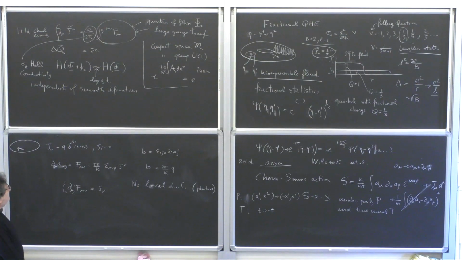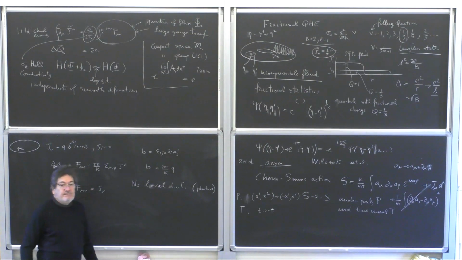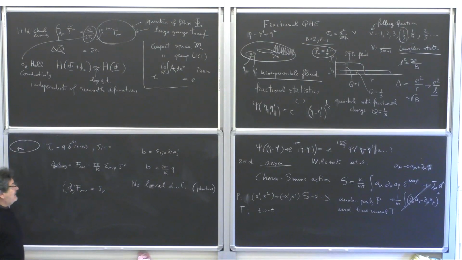So what is the effect of this theory? If you have a charge Q, it is assigned a magnetic field B proportional to Q over kappa. Basically, a charge Q also becomes a little solenoid, a little magnetic field.